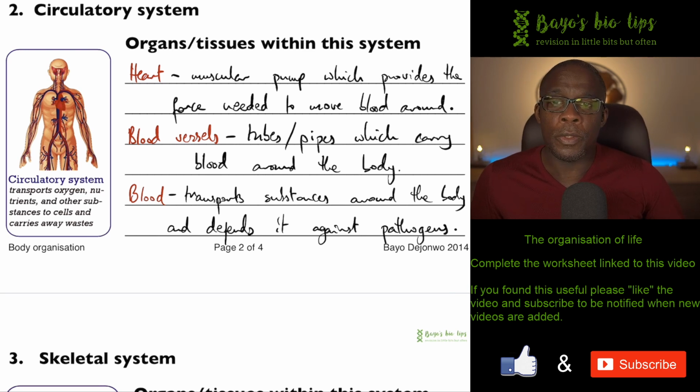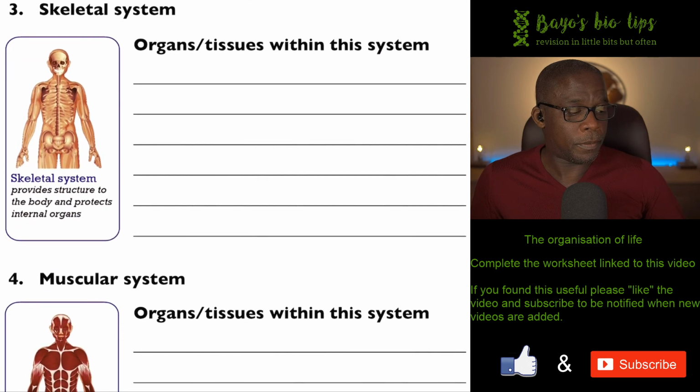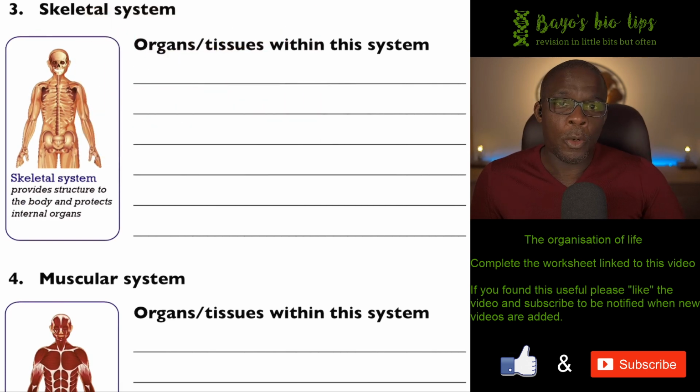Okay, so those are the component parts of the circulatory system and the functions of each of those components. The next level up is the skeletal system. So in the skeletal system, let's start off with the job of the skeletal system.